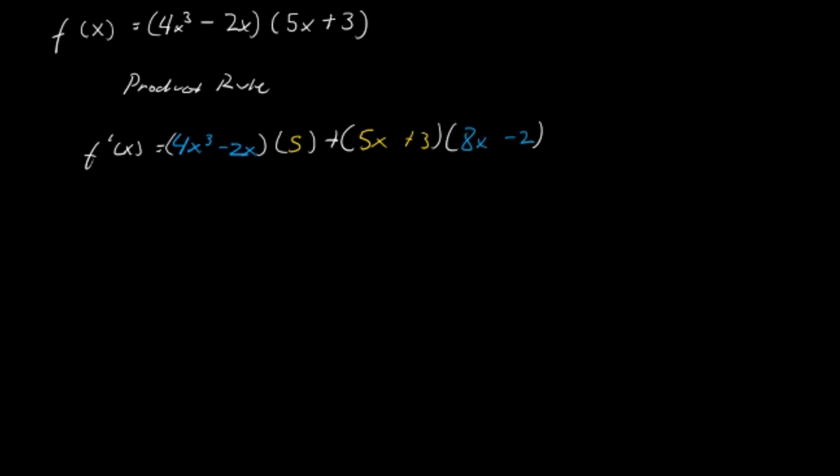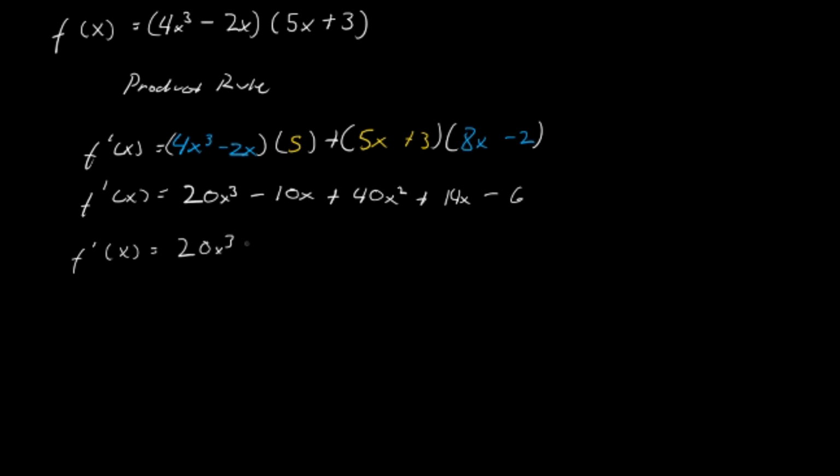F prime of x is equal to 20x cubed minus 10x plus 40x squared plus 14x minus 6. The first derivative would be 20x cubed plus 40x squared plus 4x minus 6.